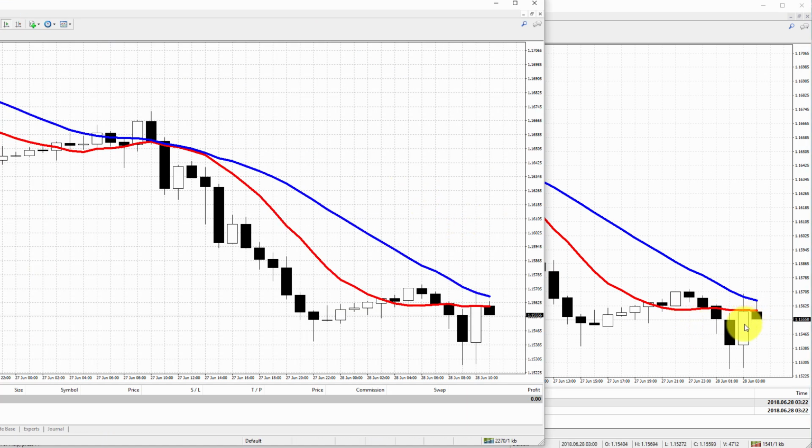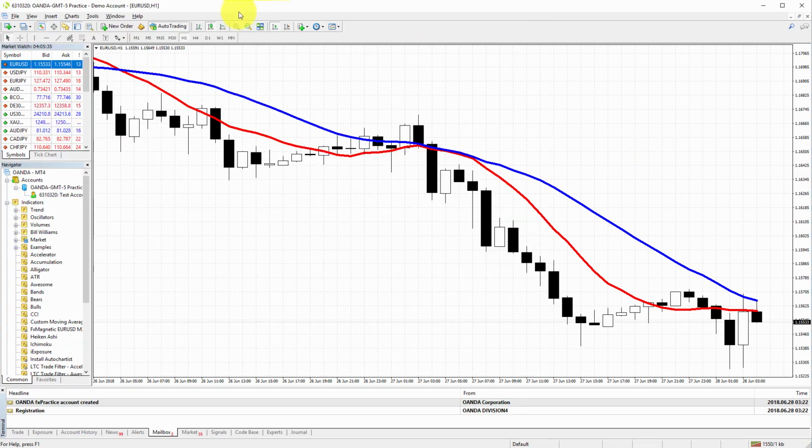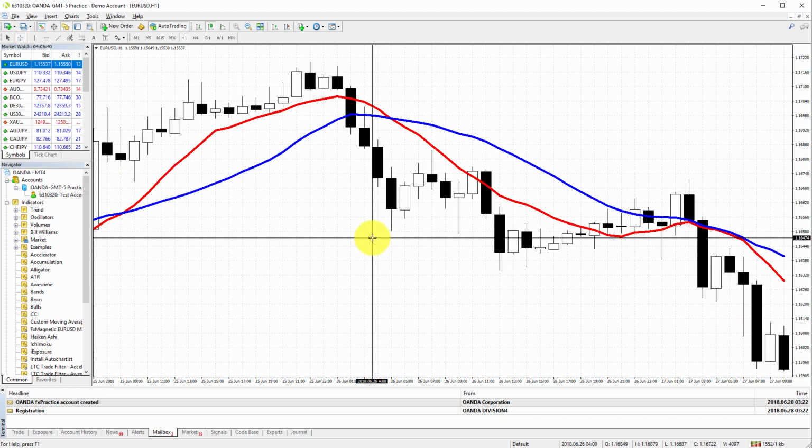You can see these bars are the same because they happen at the top of the hour, and it doesn't matter what time zone it is, it's always at the top of the hour. The difference here will be, I'll have to scroll back a bit.